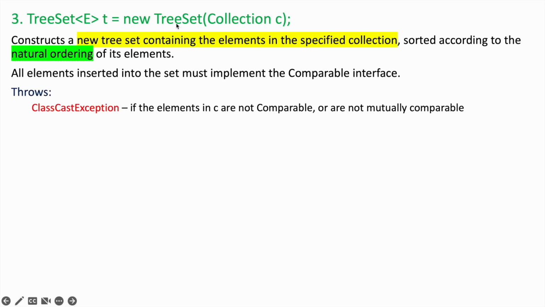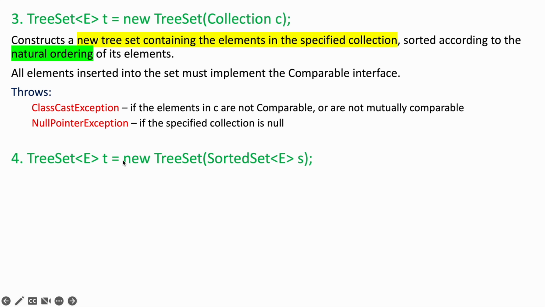This constructor may throw ClassCastException if the elements in this collection are not mutually comparable, that is, the elements do not implement the Comparable interface, or if they are not homogeneous. And this may throw NullPointerException if the specified collection is null.